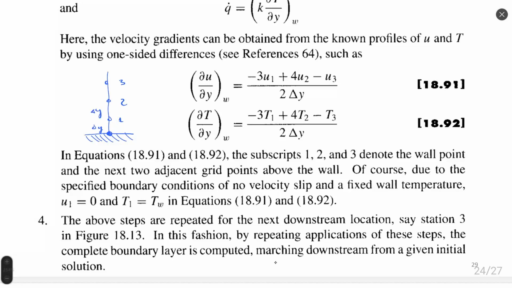Delta y, delta y, delta y everywhere. So this distance between points is equal. If we have these 3 points, then gradient of velocity and gradient of temperature could be precisely calculated according to formula 91 and 92. These estimations are important for calculation of shear stress and calculation of total drag on the wall and calculation of heat flux from flow to body.